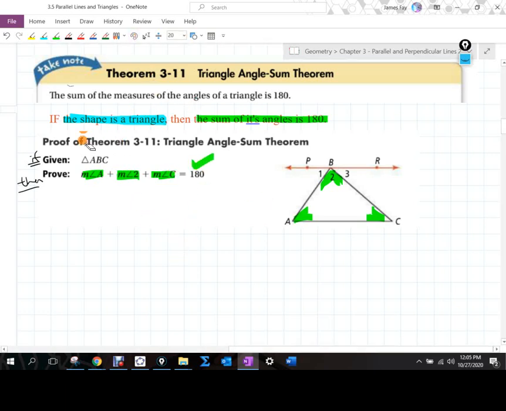Okay, so we have taken the if and then parts and we have put them together here and written them in a specific way so that we can actually talk about specific objects throughout our proof. Okay, it would be really hard, instead of saying angle A, to say every time I want to reference angle A that it's the angle on the bottom left of the triangle in my picture. Because that would be really inconvenient to write, correct? Okay, so that's why we do those things. Now what we're going to do is write our first statement, which is that we are just given triangle ABC.